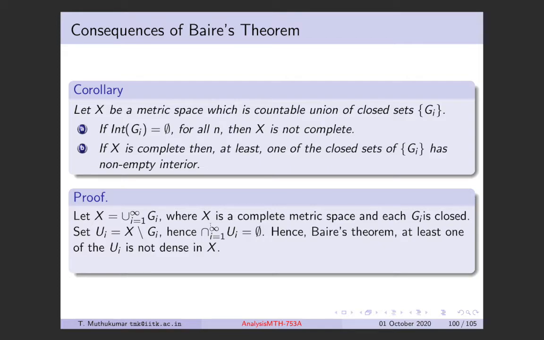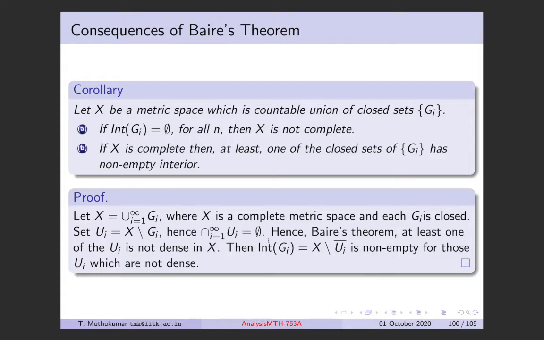Now, since the intersection of the U_i is empty, it means the intersection of U_i is not dense in X, right? And since X is a complete metric space, it means that not all of the U_i are dense. There's at least one U_i which is not dense, because if all of them were dense, by the Baire category theorem the intersection should be dense, so it can't be empty. So at least one of the U_i is not dense.